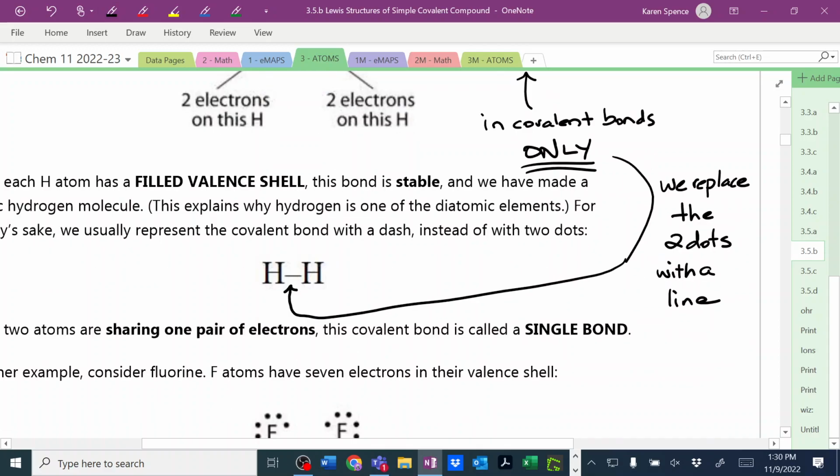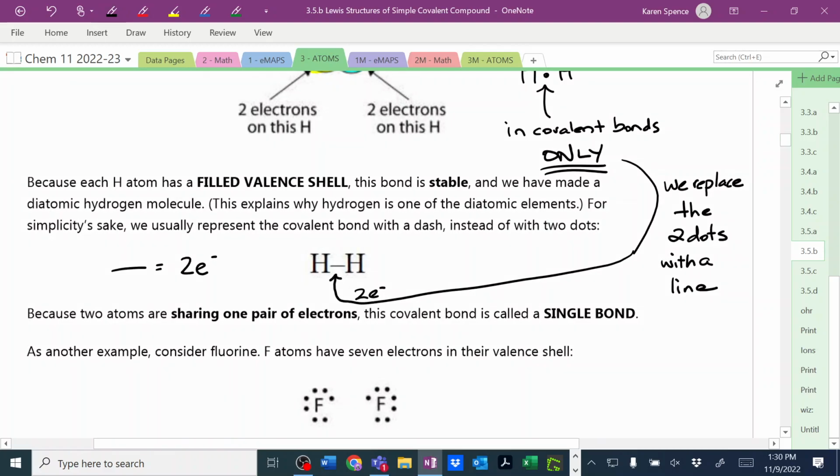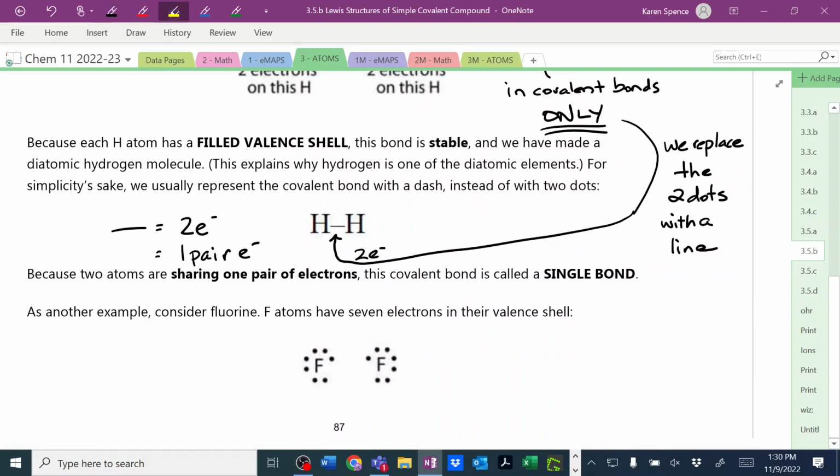How many electrons are in that line? A line is equal to 2 electrons. Okie dokie. When you share one pair of electrons, 2 electrons is equal to 1 pair of electrons. If you share one pair of electrons, that is called a single bond. The single bond, double bond only applies to covalent compounds, okay, or covalent substances. This is a covalent element.